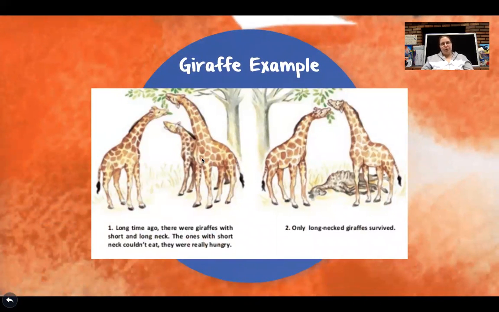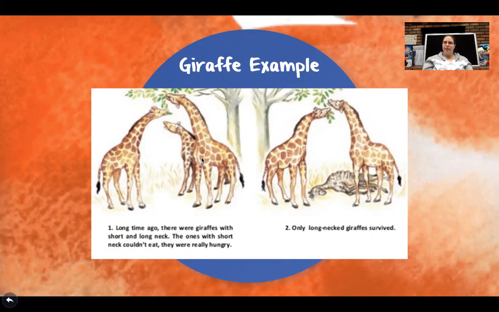Here's another example, giraffes. Giraffes today have long necks, but it's believed based on fossils that way, way back, their ancestors didn't have such long necks. What was likely the case, why we see the long necks, is exactly what we talked about with the cheetah picture: those with the longer necks were able to reach higher food sources.